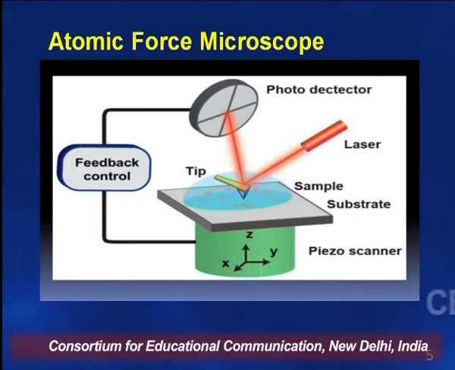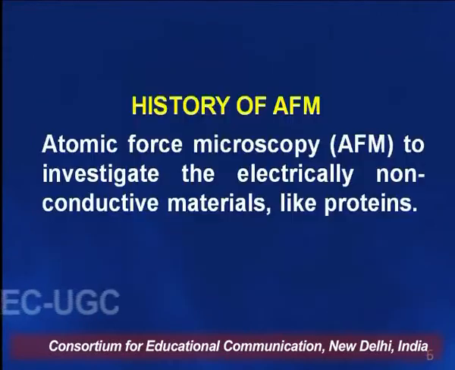We also have this piezo plate. This piezo plate is moving in XYZ direction. Why? Because it is scanning the X surface, Y surface and Z surface. It means it is moving in all three dimensions, so we can get a three-dimensional image by using atomic force microscopy.